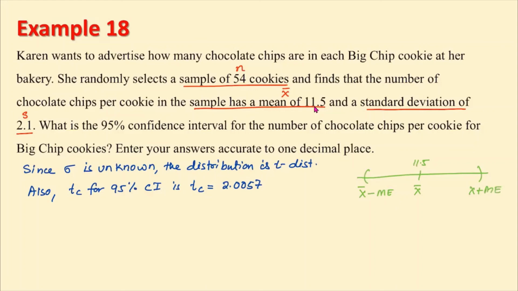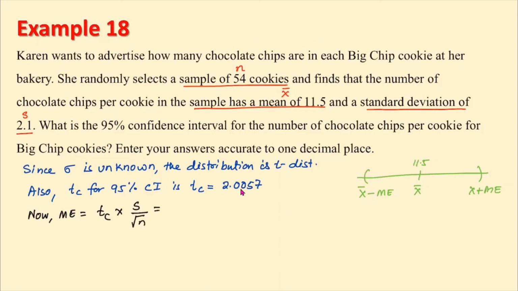In order to get the lower and upper boundary, we need the margin of error. So let's find it. Margin of error is given by the formula t critical multiplied by the standard deviation of the sample divided by the square root of n.